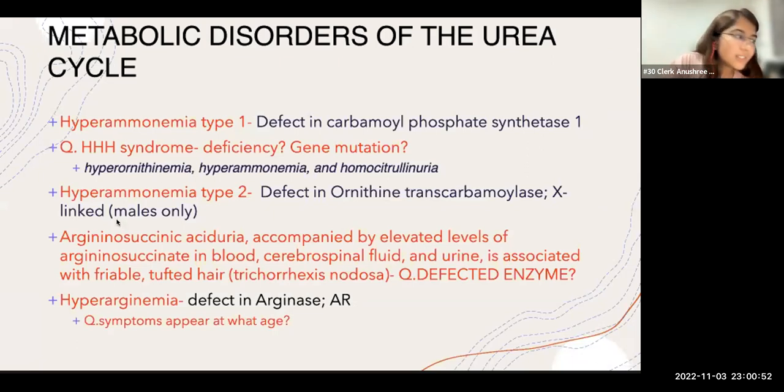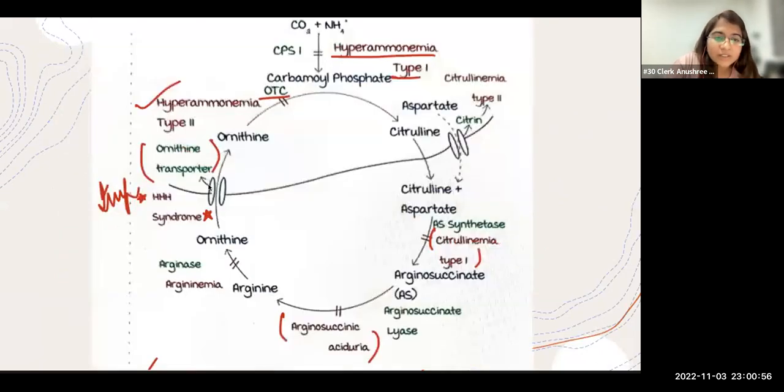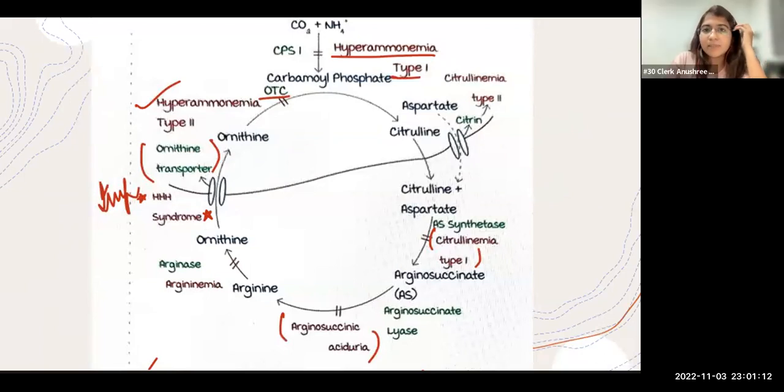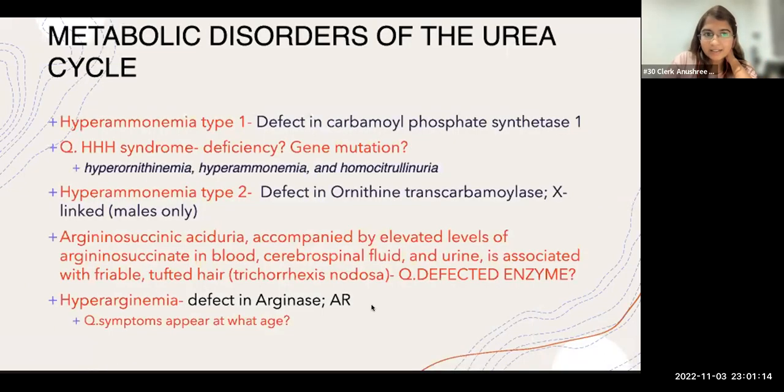The first one is, due to the defective transporter, what will happen to ornithine? Will it increase or decrease in levels? It will increase in the cytosol. It will not come inside the mitochondria. But in the blood, it is increasing, right? Yes, there's a buildup. So it explains the hyperornithemia. Everyone agrees.